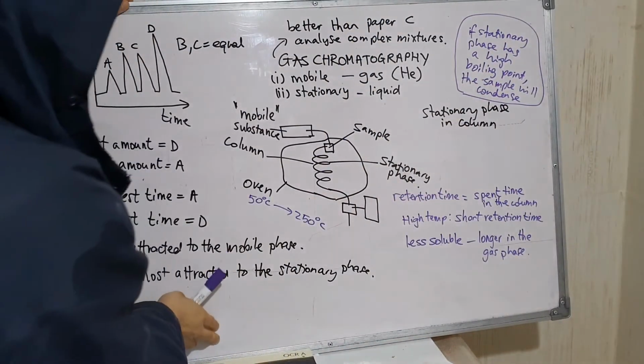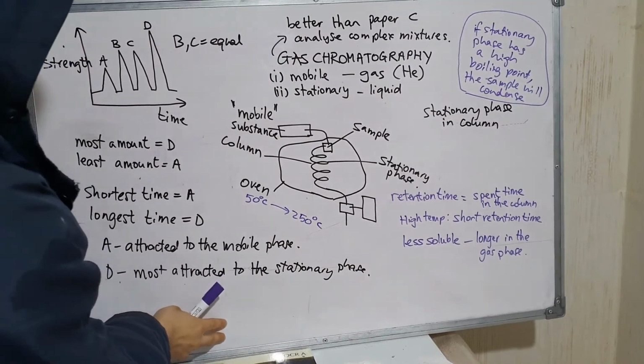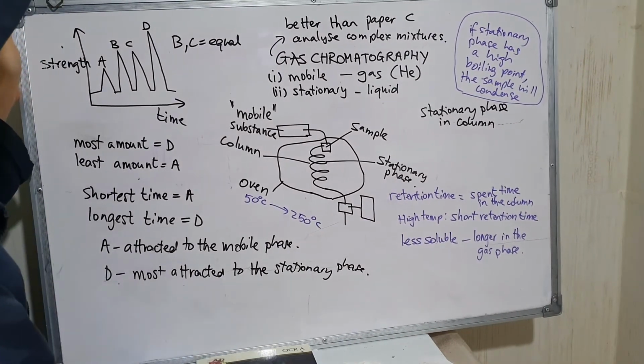Okay, so if the stationary phase has a high boiling point, the sample will condense.